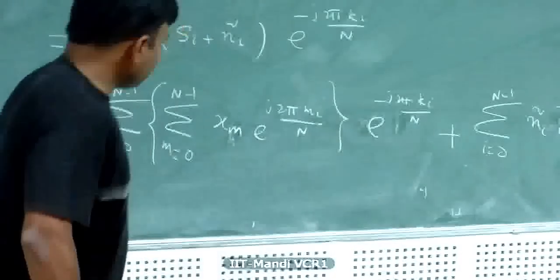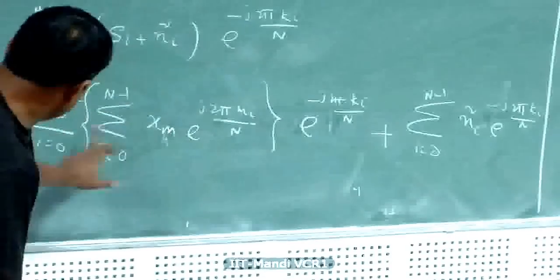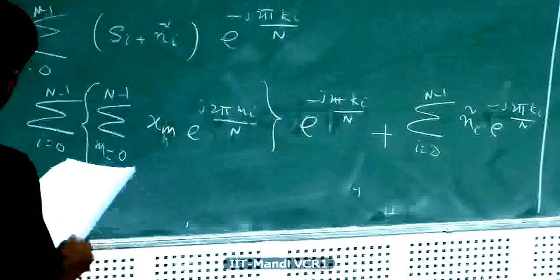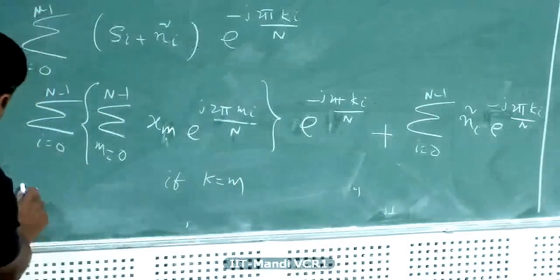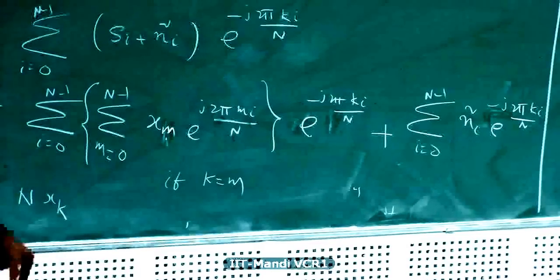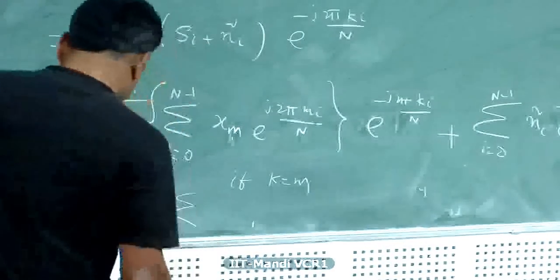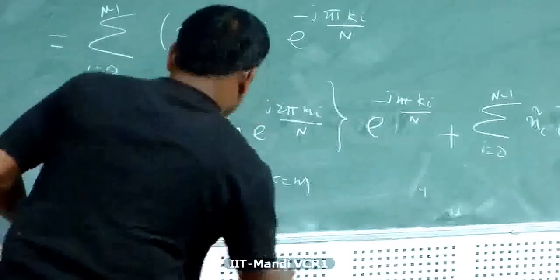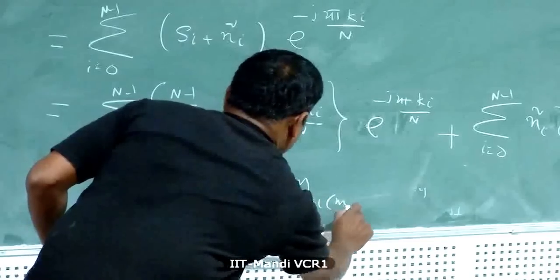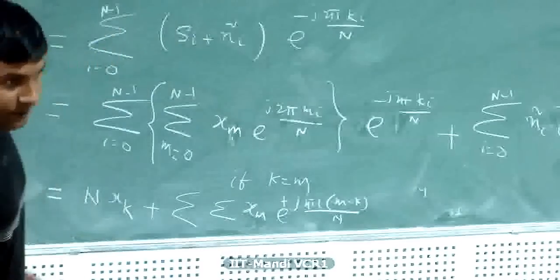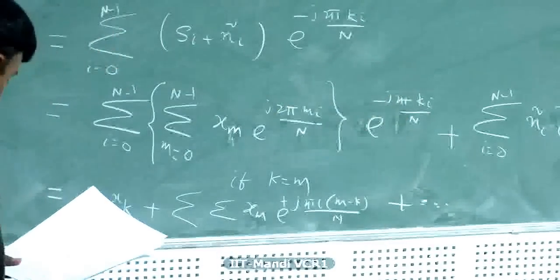When k equal to m, this part goes away. Then you get N times X of k. Plus, there are double summations, X of m e raised to plus j 2 pi I (m minus k) by N, plus whatever the noise is, we will deal with this in a moment.